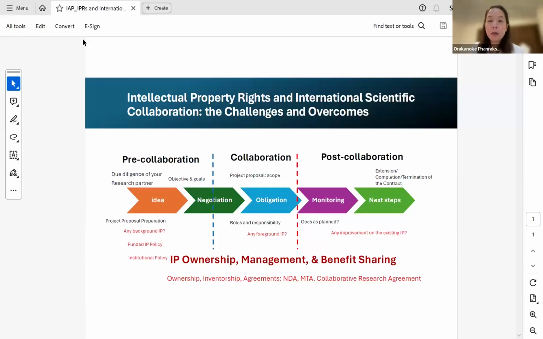For example, if you need to disclose any sensitive information, a non-disclosure agreement or NDA should be put in place. Or if you need to transfer any sample material to your partner, a material transfer agreement or MTA is also important.